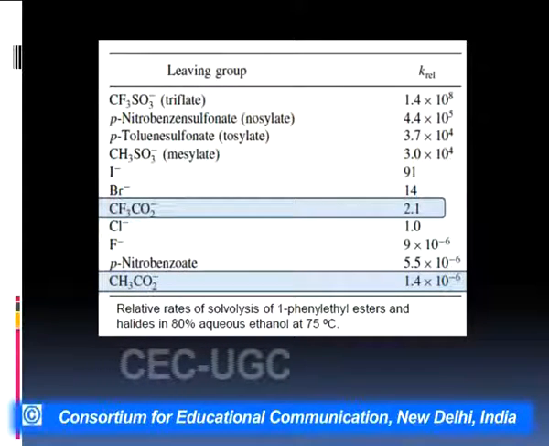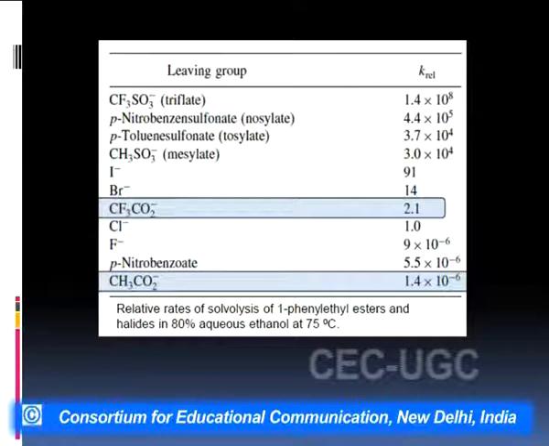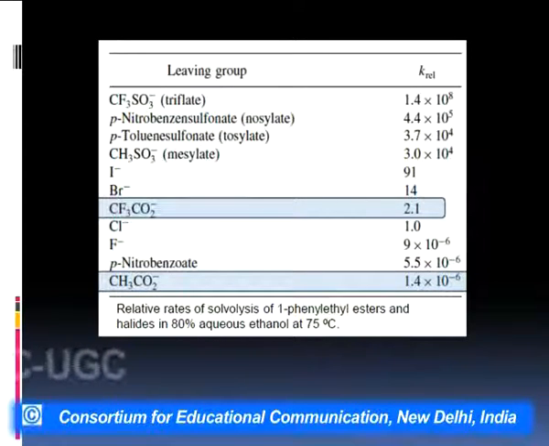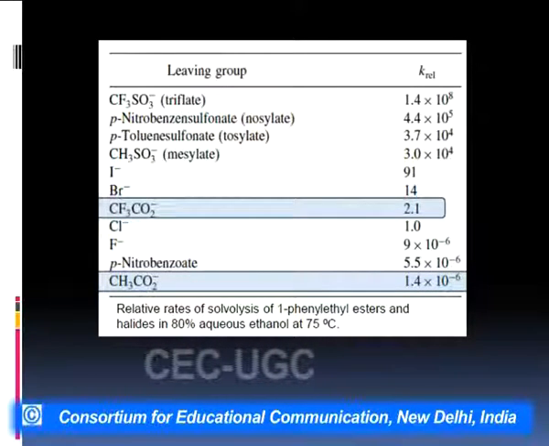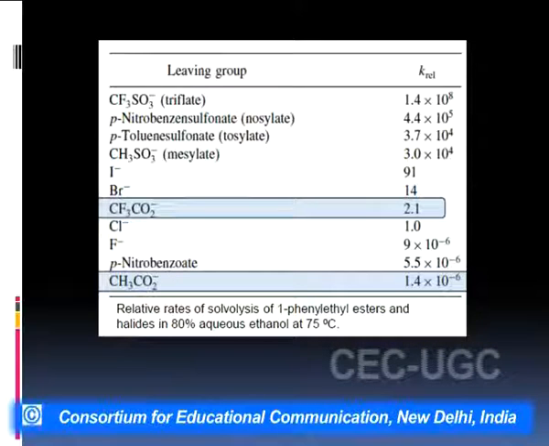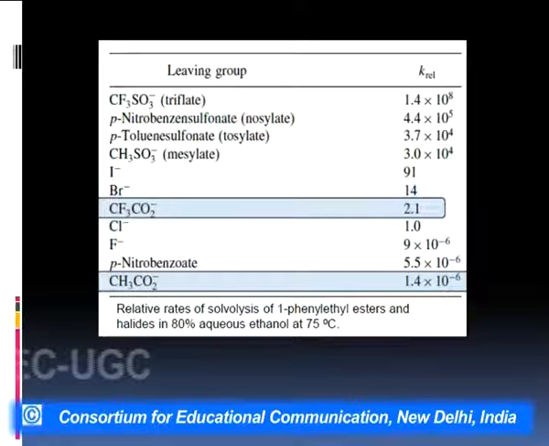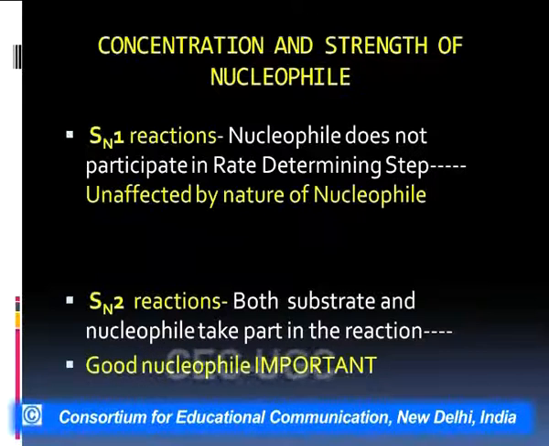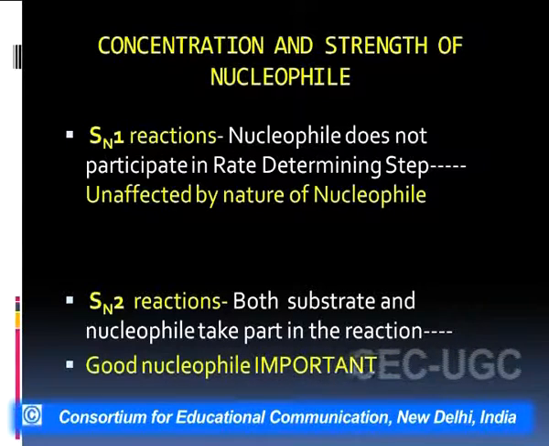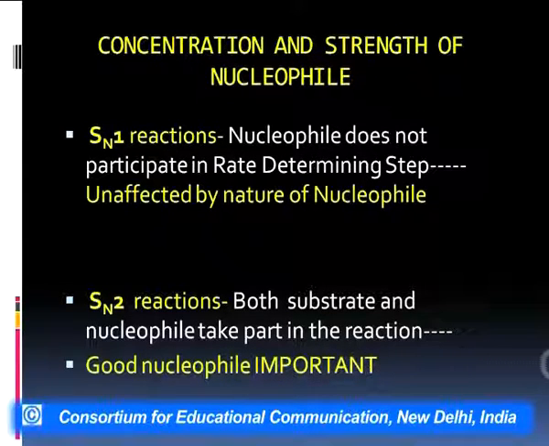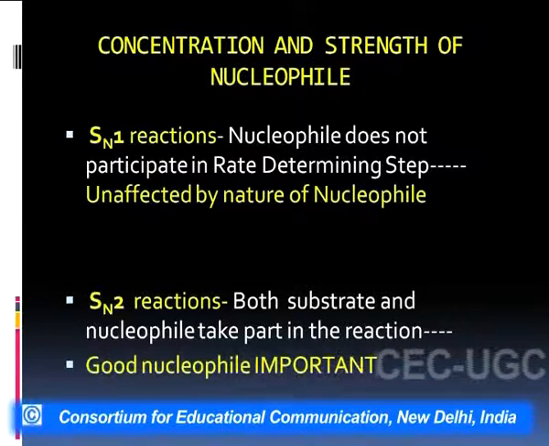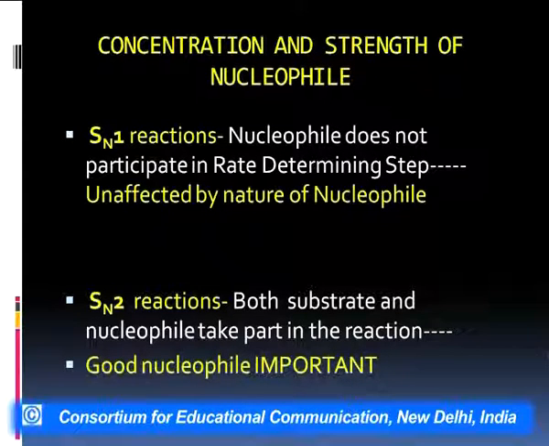So what we find from this table is that the triflate ion is the best leaving group as compared to an acetate ion, because the triflate ion is a weak base of a strong acid. Next point that one has to take into consideration, along with the leaving groups, is that a leaving group should be one which is a weak base or which forms a stable base after leaving.